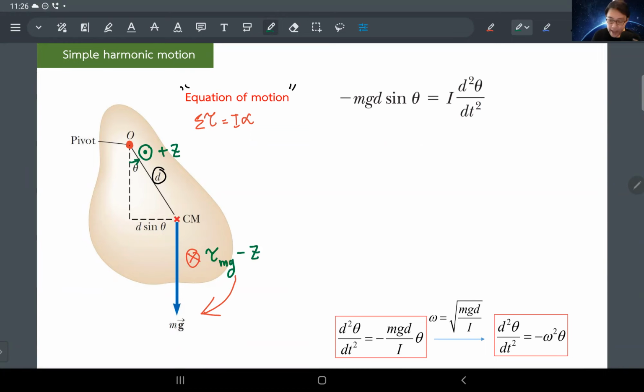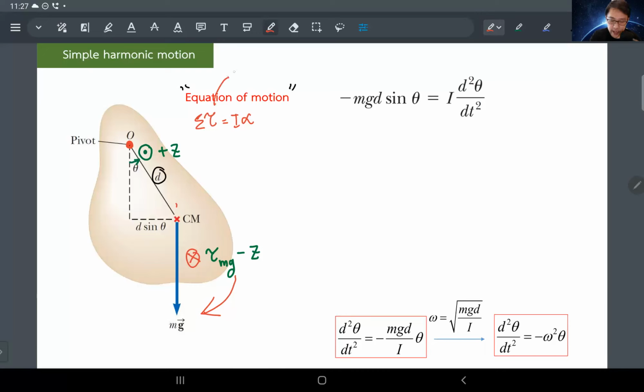And now I'm going to apply Newton's law in the angular motion here. So the net torque is going to be mg times the distance from the... Okay, let me write it like this.